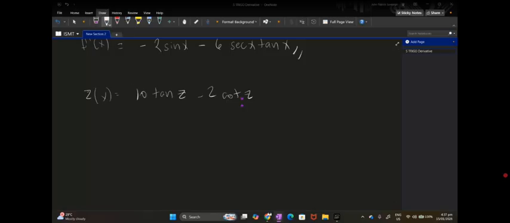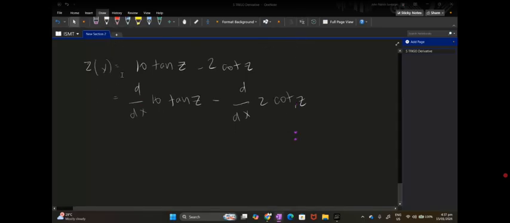Yan. So, again, kukunin natin yung derivative. So, it's the derivative of 10 tangent of z minus 2 cotangent of z. Again, yung constant natin, pwede natin siyang ilabas.